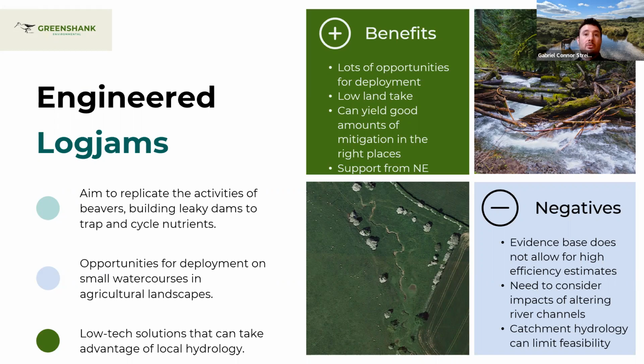So that means we won't be able to say that these schemes will be able to take lots of the incoming nutrient load that goes into them out of the environment. But that should hopefully be made up for by the fact that they're low tech, pretty cheap to deploy, and you've got lots of opportunities to do them.